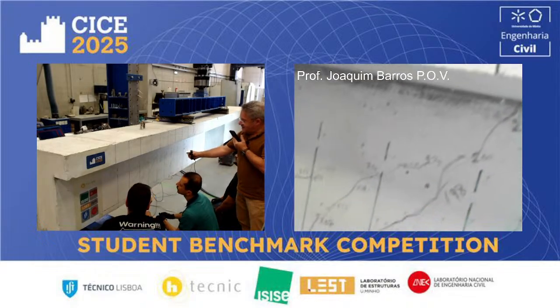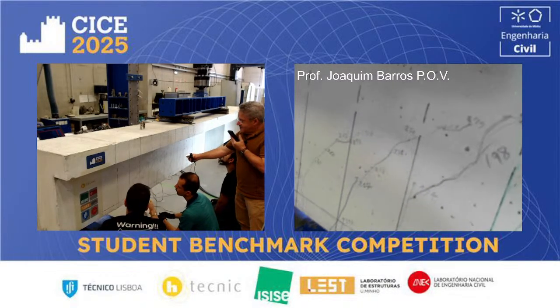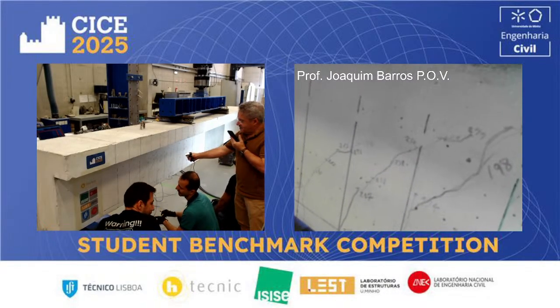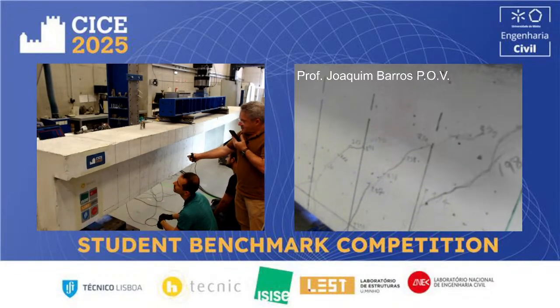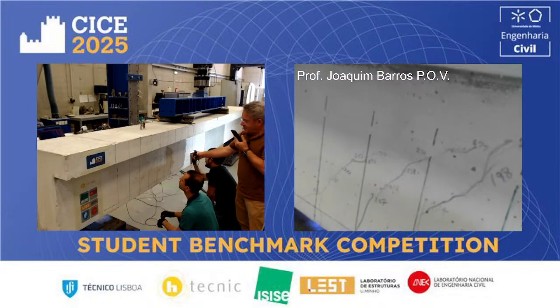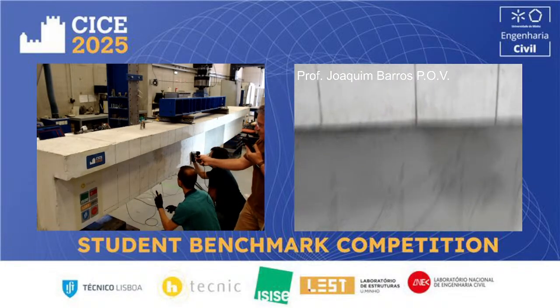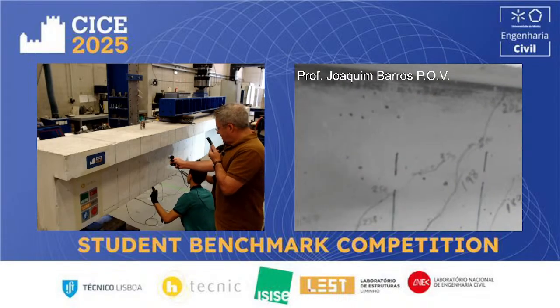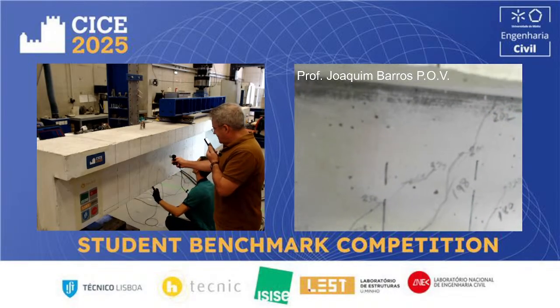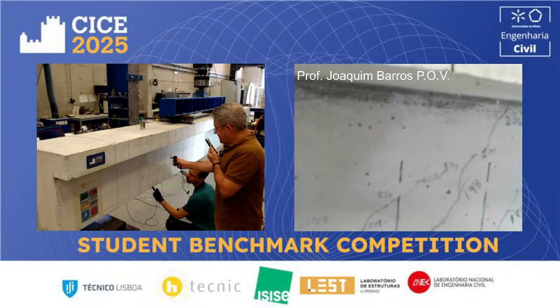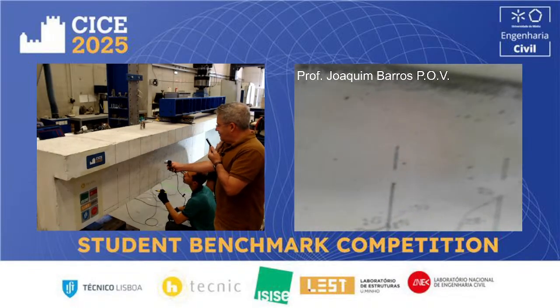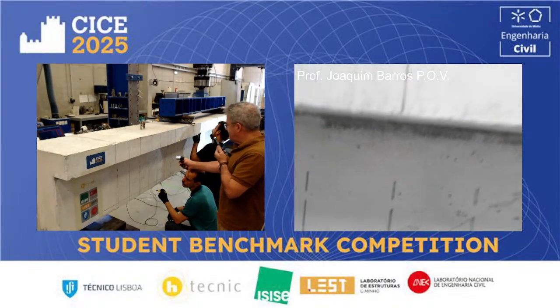So it's progressing, and at the bottom it is vertical, coinciding with the localization of the crack. Only this one is crossing the stirrup, and now this one is also crossing.